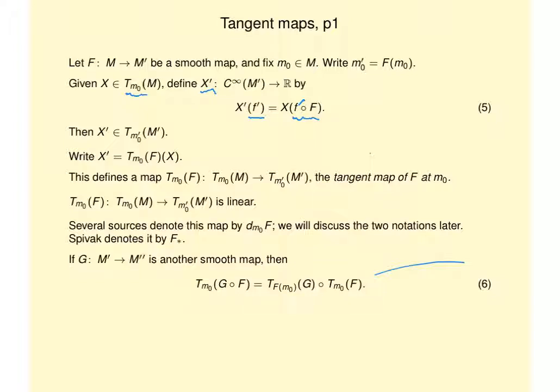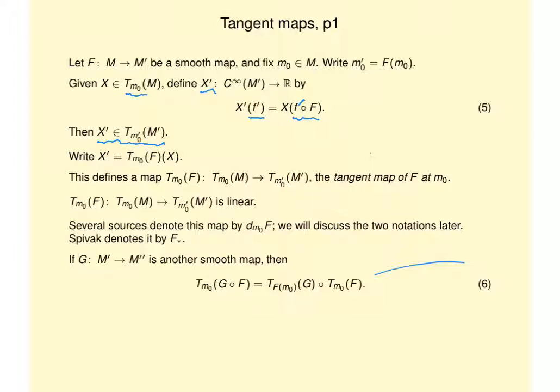And it's very straightforward to check that this X prime really does obey the derivation property and the linearity property, and it is a tangent vector to the target manifold at M prime 0.